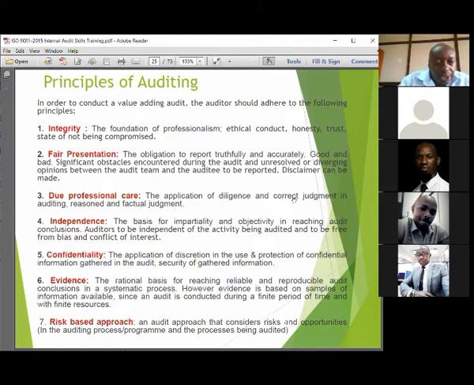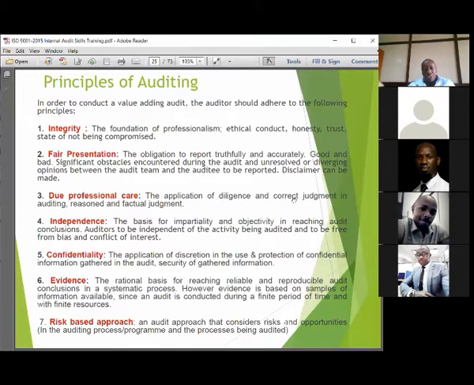Then the last one, which is a new one in the standard, is the risk-based approach. An audit approach that considers risks and opportunities in the auditing program and the processes being audited. So you have to take the issues of risk into consideration. Even as you program, as you decide when you are going out to audit, you need to look at the risk that could be there.